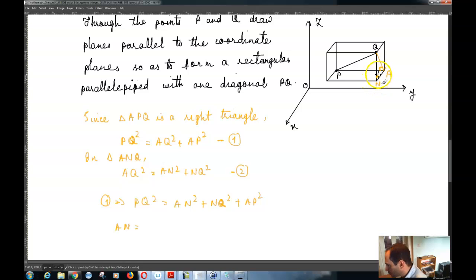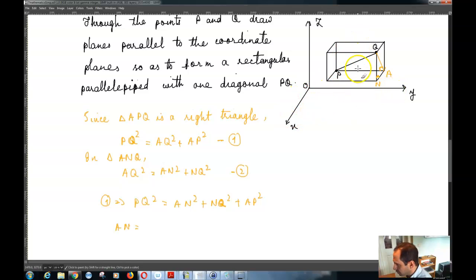The bottom face of this parallelepiped doesn't really have to be exactly on the XY plane.